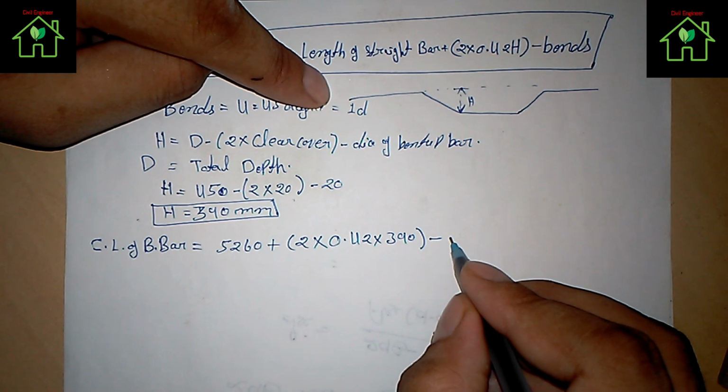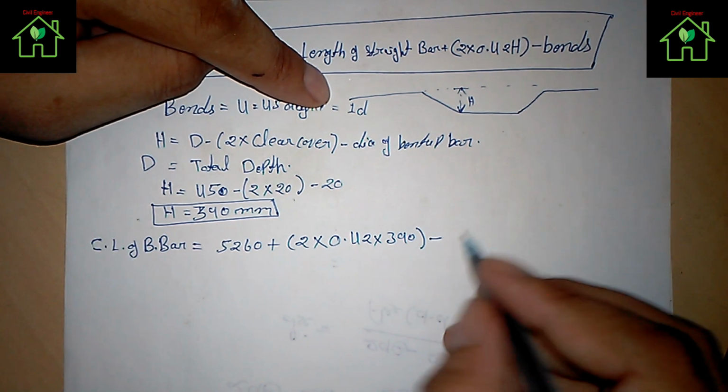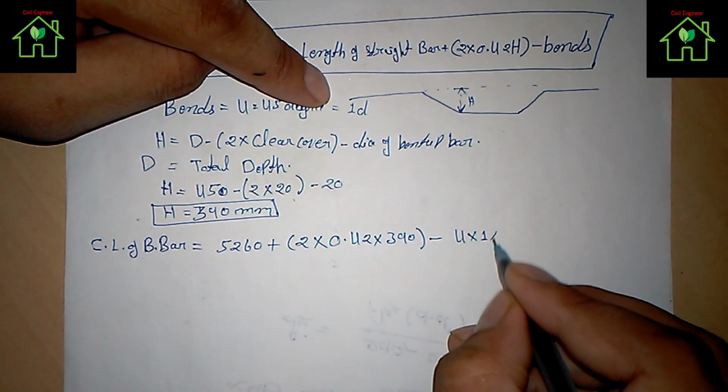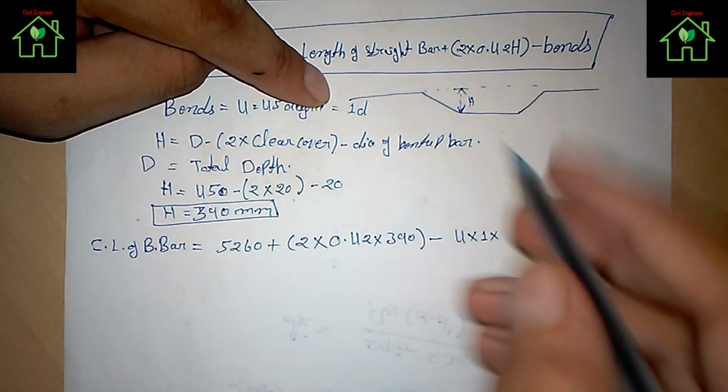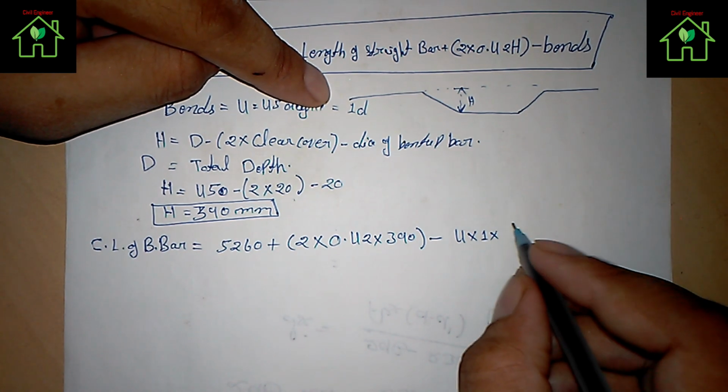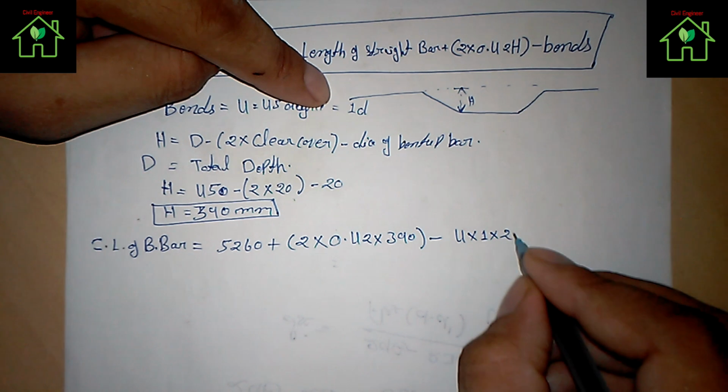How many bends have we taken in this problem? 4, 1 into D. D is the diameter of bent bar, which is equal to 20.